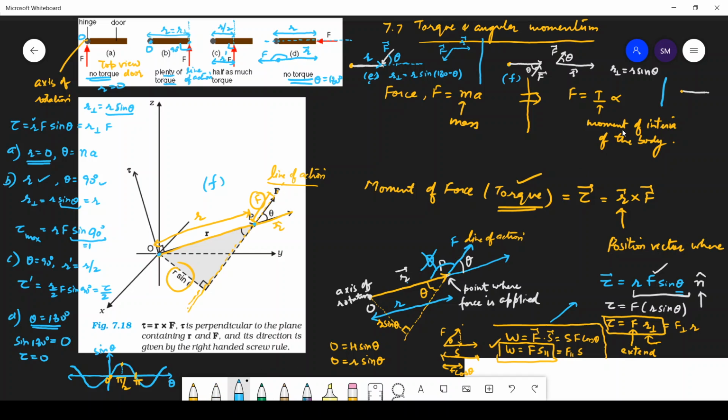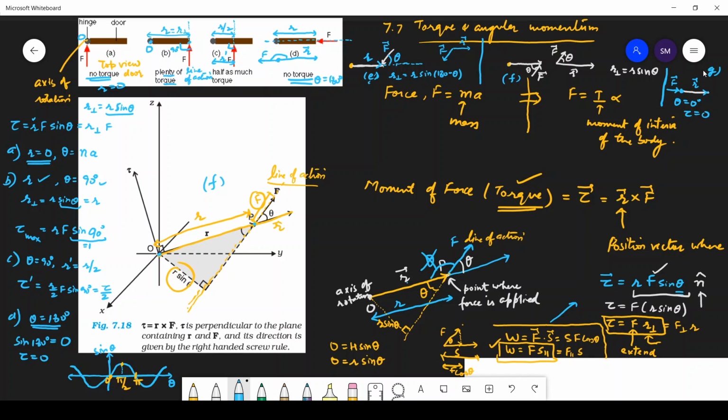Suppose you are applying the force here, so this is R. Now you have to apply the force in the same direction as R. So actually you are applying the force which is not practically possible, okay. But assume that you are applying the force from this side. Not in the case of door, but it can be there in some other case. So here the theta is equal to 0 degree and torque will be 0. So this is the case G.